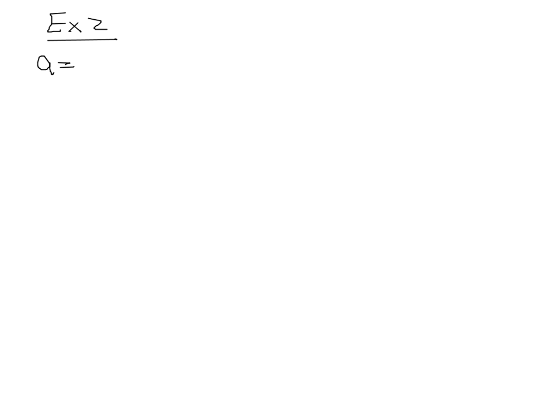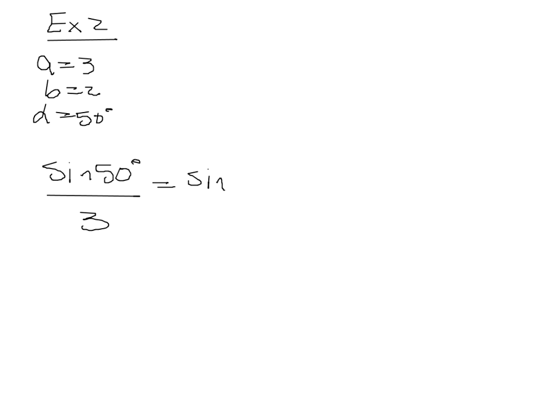So this is example 2. A equals 3, B equals 2, alpha equals 50. So we get sine of 50 over 3 equals sine of beta over B, and we solve for sine beta.